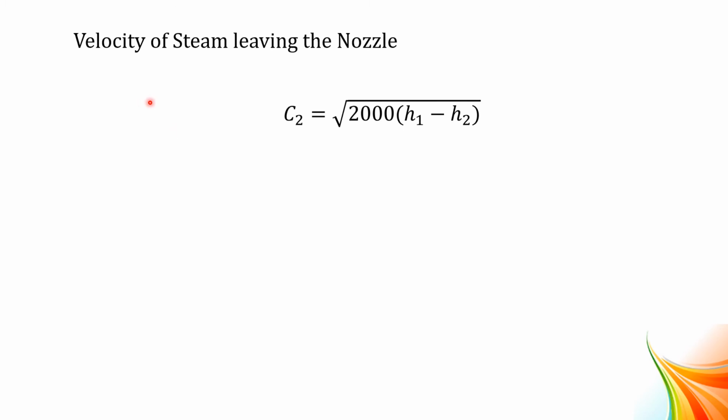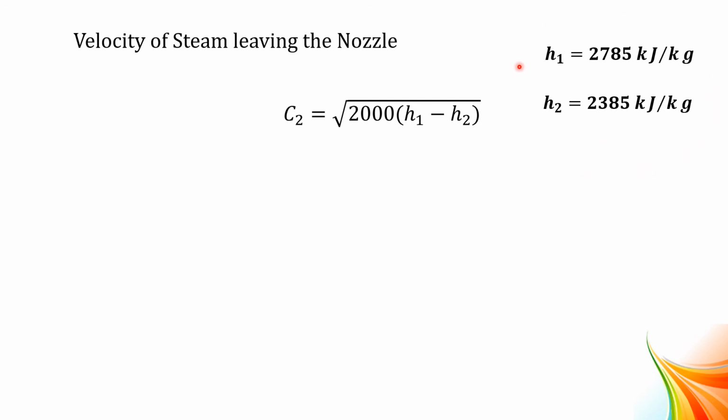We know the formula for finding the velocity of steam leaving the nozzle: C2 equal to square root of 2000 into H1 minus H2. The H1 and H2 values are obtained from the Mollier diagram. Those values are H1 equal to 2785 kilojoule per kilogram and H2 equal to 2385 kilojoule per kilogram.